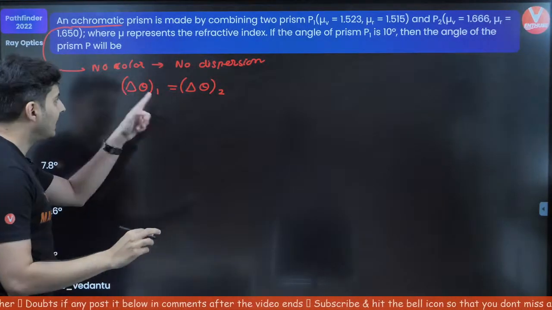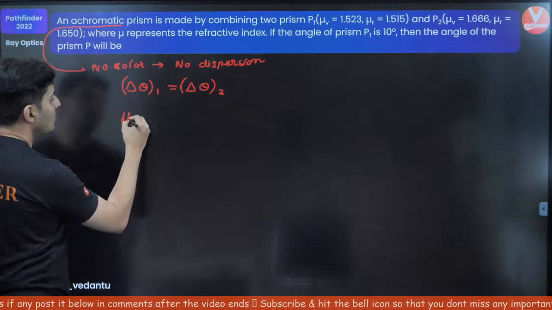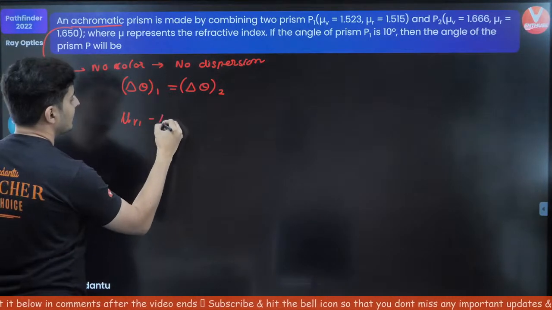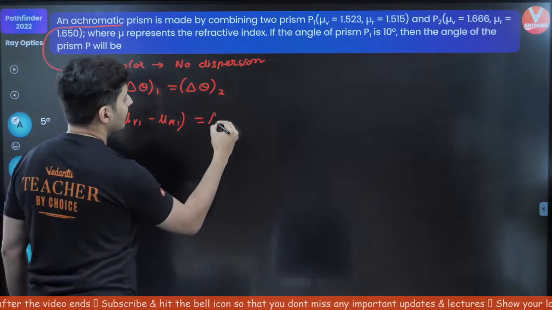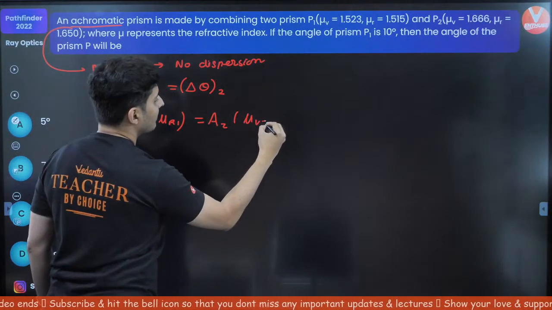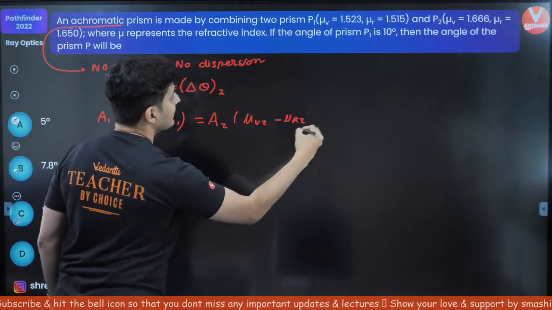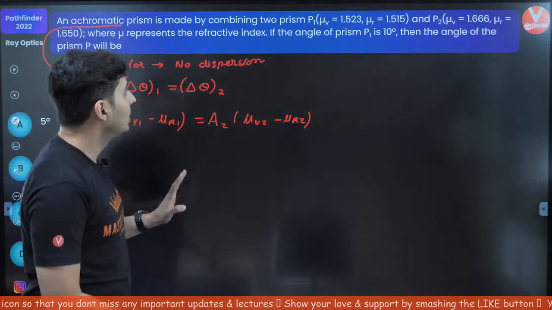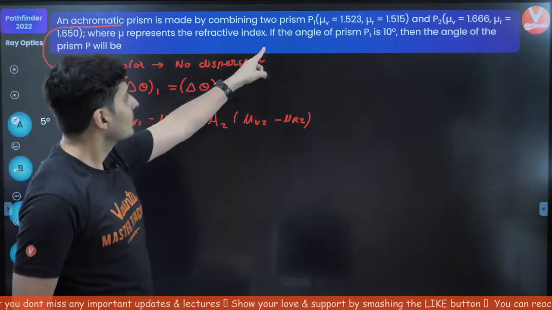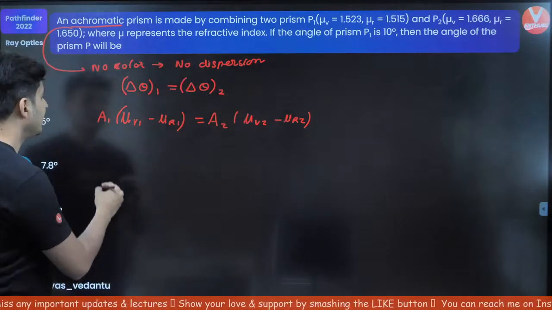That's right. And delta theta, what is the formula? Mu violet of the first minus mu red of the first, the whole thing into A1 will be A2 into mu violet of the second minus mu red of the second. That's what it is. Do I know these values? Maybe I do. Let's find this out. A1, the prism angle for the first one is 10 degrees.